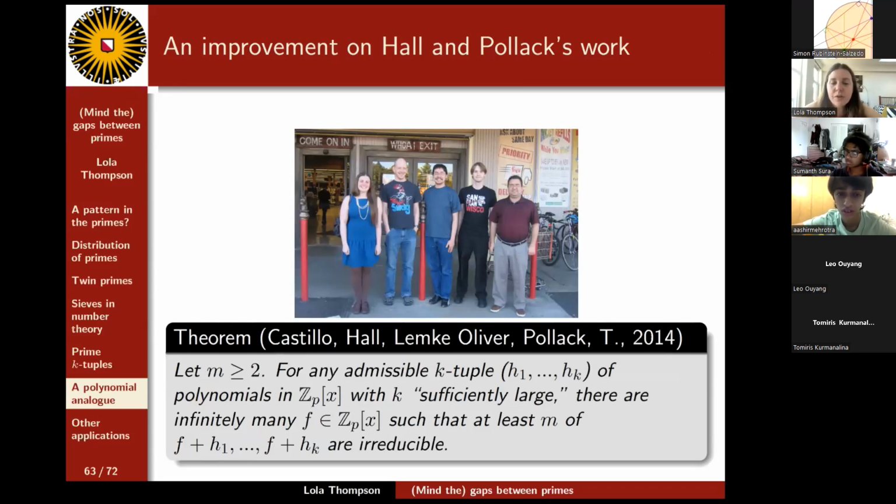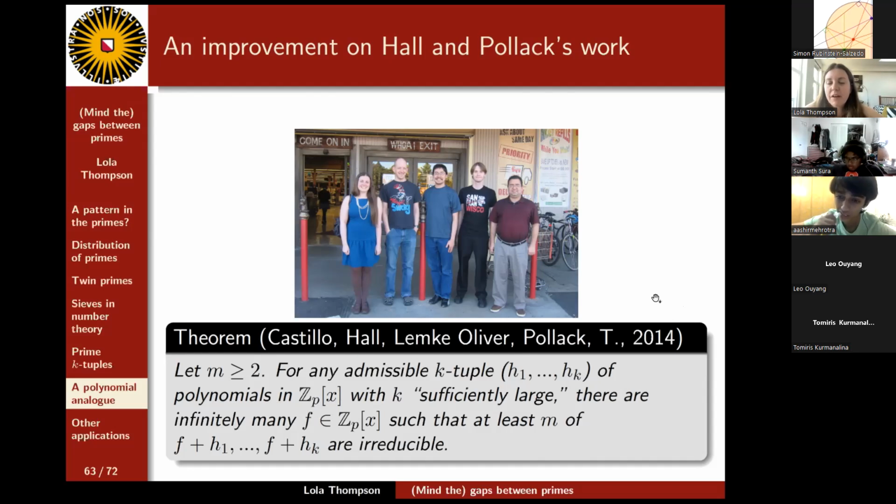We showed that if you have an admissible k-tuple, so again, something like h_1 through h_k that don't have any of these congruence obstructions, and the elements in my tuple don't have to be integers, they can actually be polynomials in Z_p adjoin x.